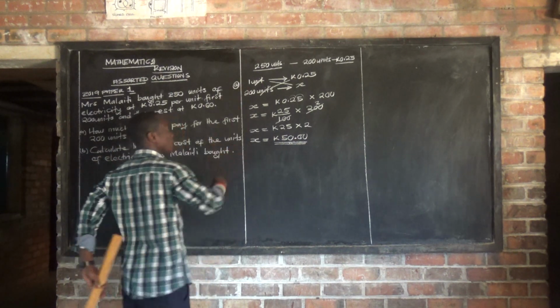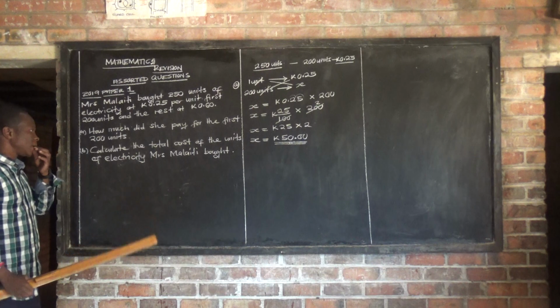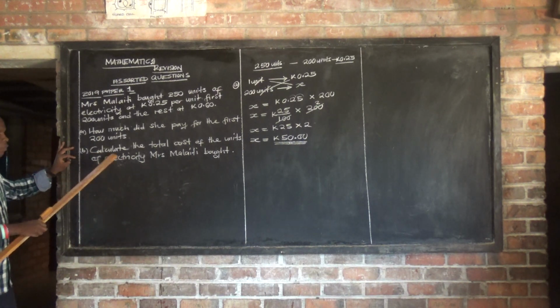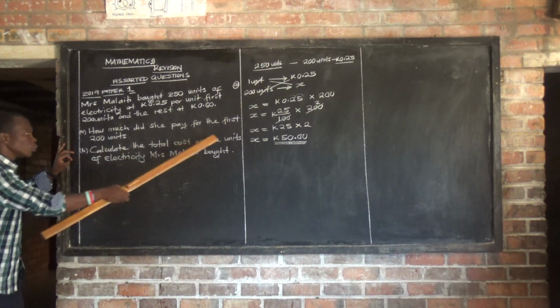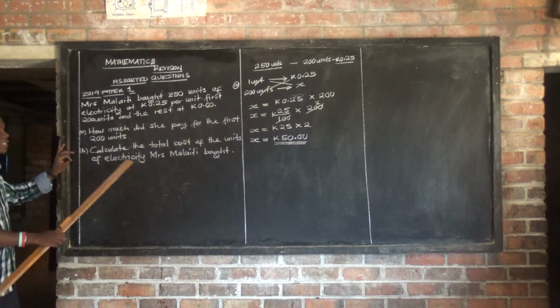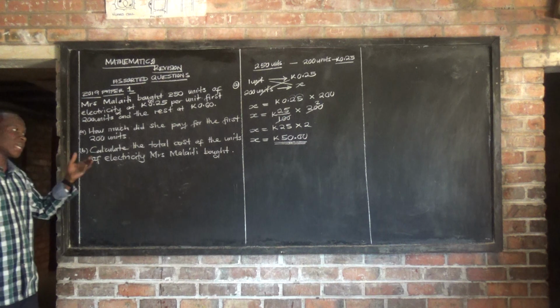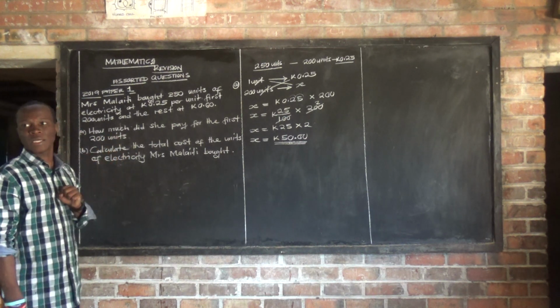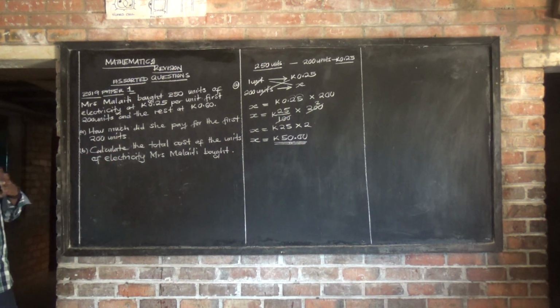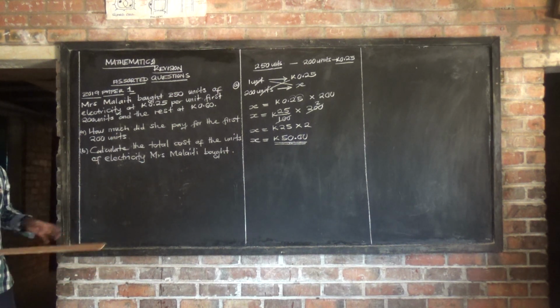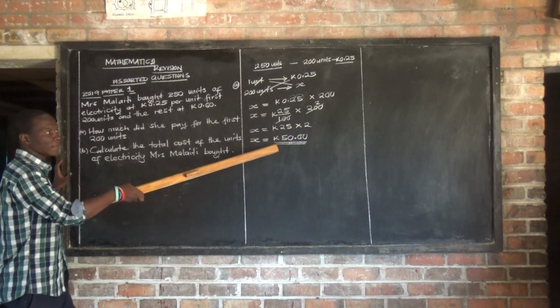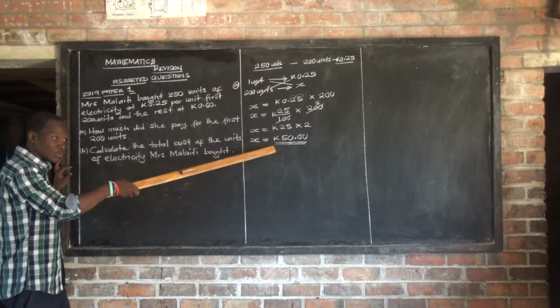Now question B is saying, calculate the total cost of units of electricity Mrs. Malite bought. So now they want the total expenditure on electricity. We have 50 gathered for the first 200 units.